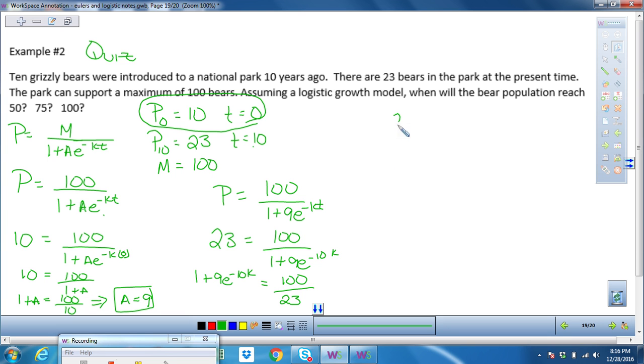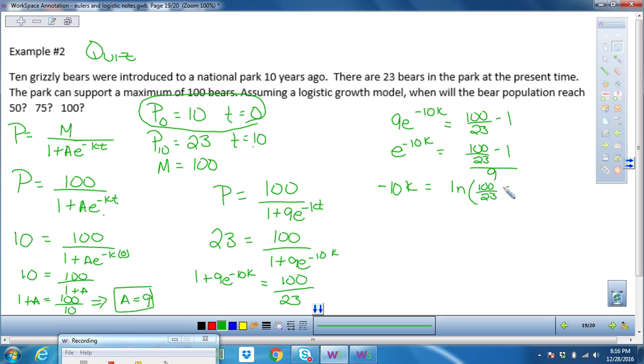I get 9e to the negative 10k is equal to 100 over 23 minus 1. I divide by 9, and then I take the natural log of both sides, so I get negative 10k is equal to the natural log of this beautiful thing here.